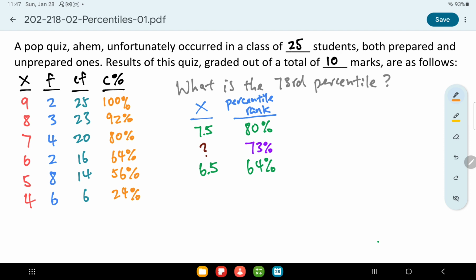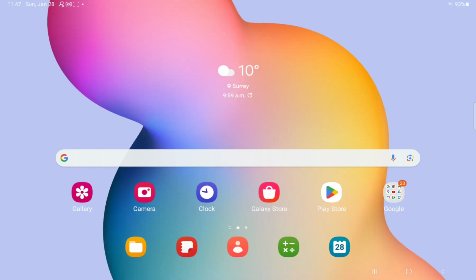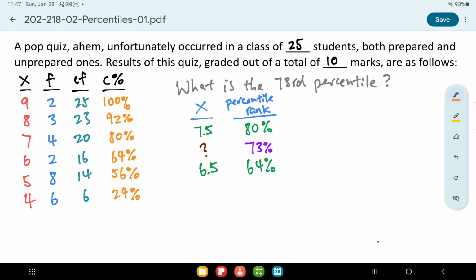Again, back to the procedure that by now you are probably very, very familiar with. Let's figure out the relative distances of the 73rd percentile from 80% and from 64%. Now, between 80% and 73%, we have how many units? We've got 7 units.